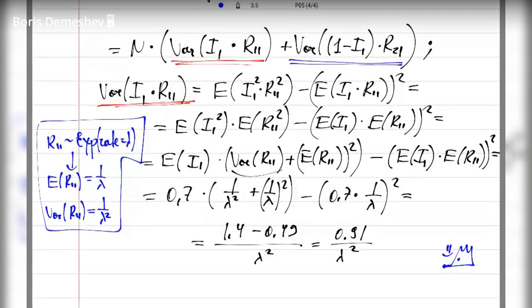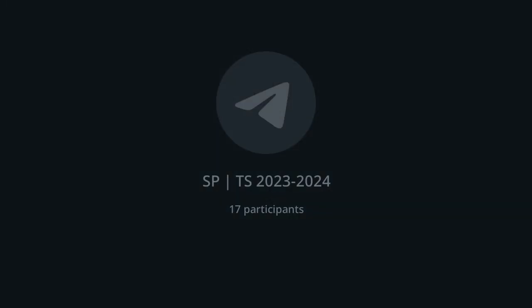We will just do the same thing with the variance of (1 minus I) multiplied by R. We will obtain basically the same answer, but with different parameters, and we will plug in everything in our formula, and we will state the final answer. Basically, the hardest part of the hardest question is already solved.